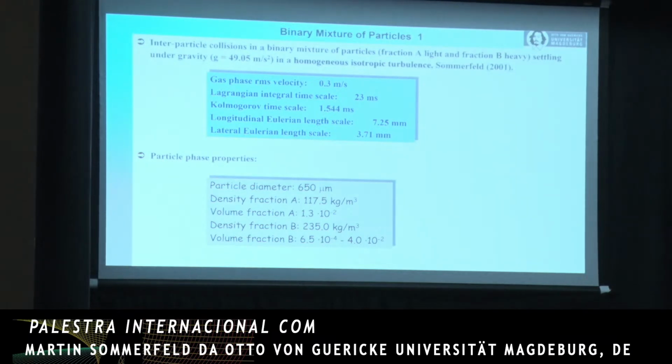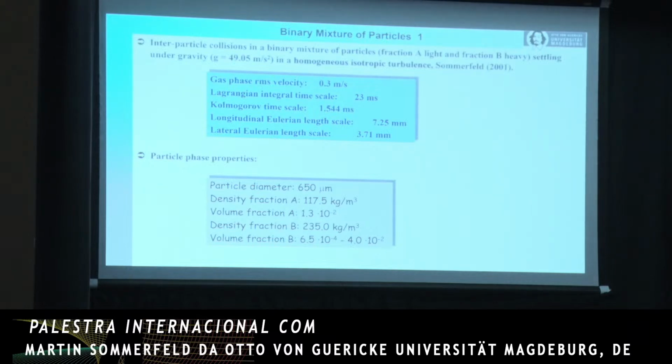Okay, just to illustrate the effect, I like this work we did many years ago with simulations. It's again a homogeneous isotropic turbulence box, but in this case we induce the particle motion under gravity, so it's 5g, so 5 times the gravitational constant, and these particles are sedimenting under the action of gravity in homogeneous isotropic turbulence.